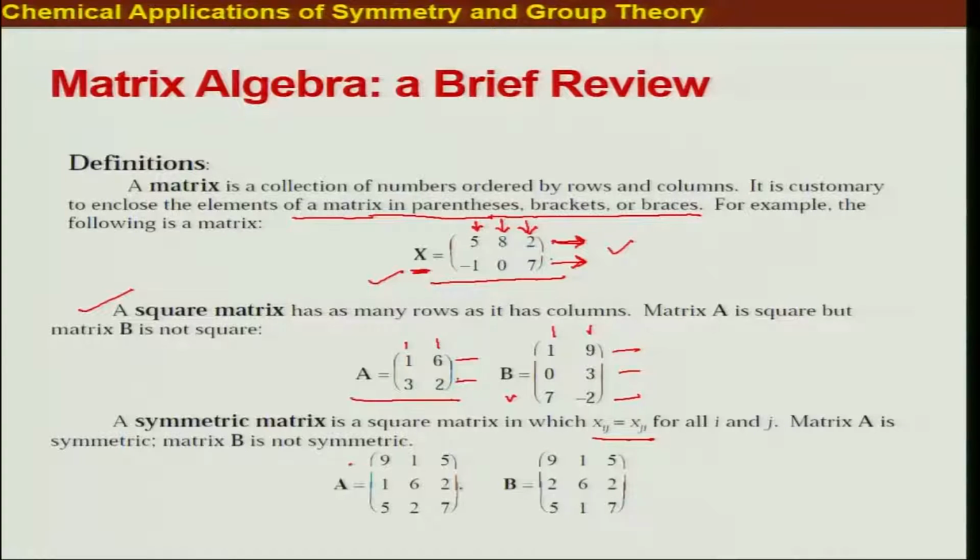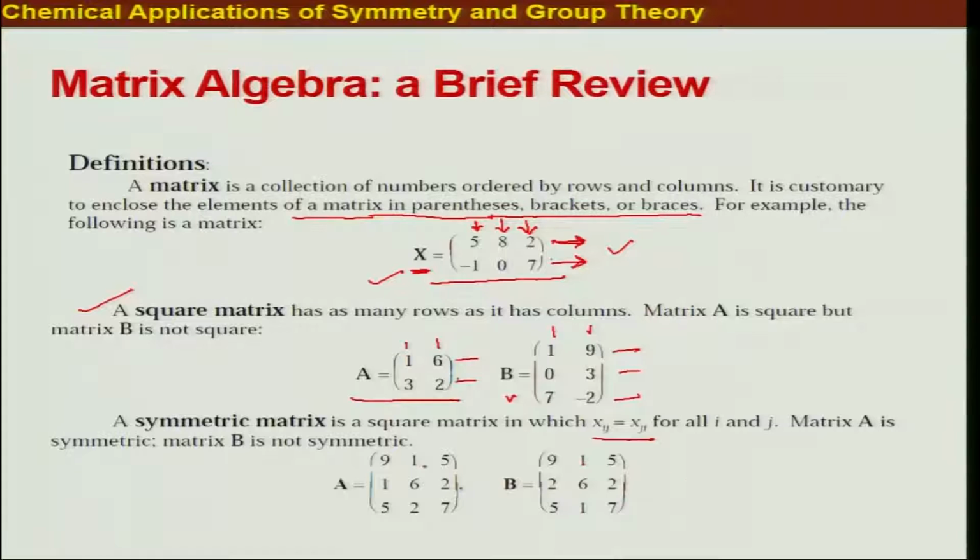Okay, so if you look at here, the element say 1 1, corresponding to row 1 column 1 is 9, and the element corresponding to row 1 column 2 is 1. On the other hand, if you look at the matrix B, you will see that the element for row 2 column 1, which is just the opposite of the previous example, is not the same.